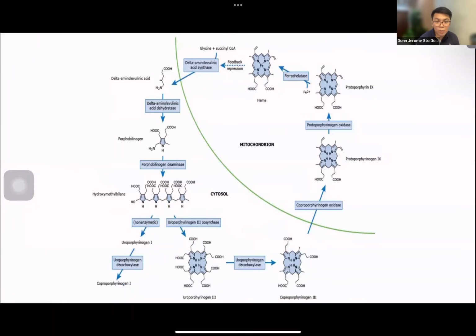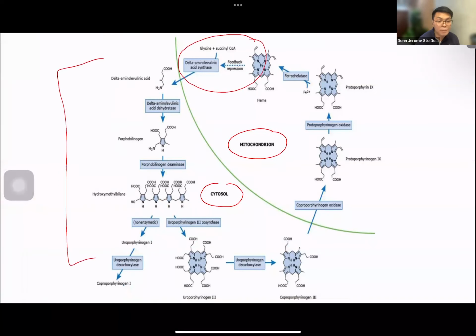So this is just an overview of your heme synthetic pathway. As I have mentioned, it is one of the few pathways that utilizes both the mitochondria and the cytoplasm. In fact, the initial step of your heme synthesis occurs in the mitochondria, the intervening steps occur in the cytoplasm, and the terminal steps go back again to the mitochondria.